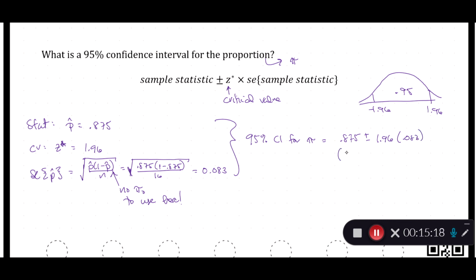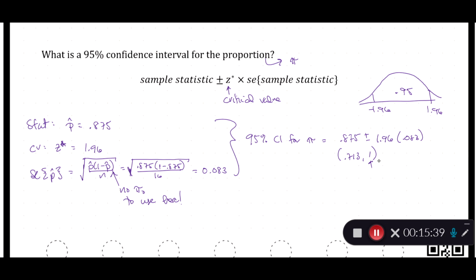Working that out, my lower bound is 0.713 and my upper bound is 1. If you were to work this out, you would actually find that your upper bound is going to be something calculated above 1. But because we're estimating a proportion, we know that that proportion can't actually be greater than 1, so we're going to limit it.